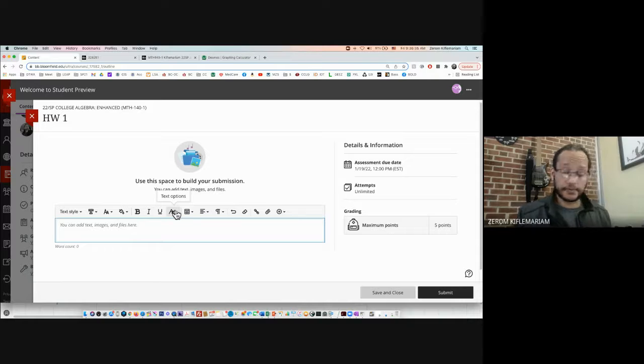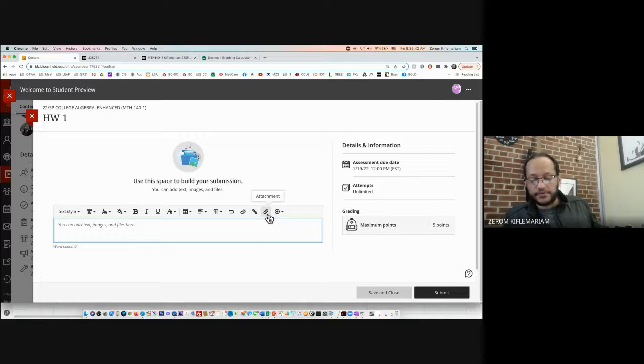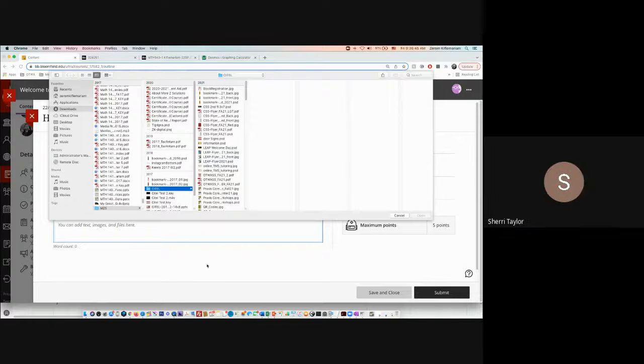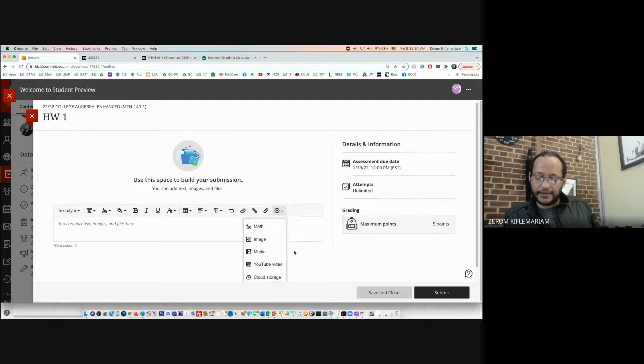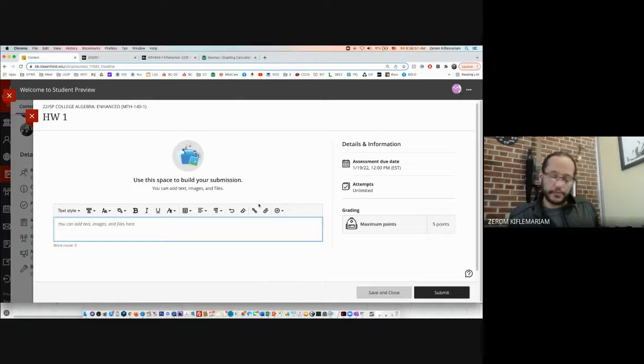I got it. And I think attachment is right there. Yes, I prefer a picture. Under attachment, you should be able to attach any pictures in a picture format, and that should be okay.